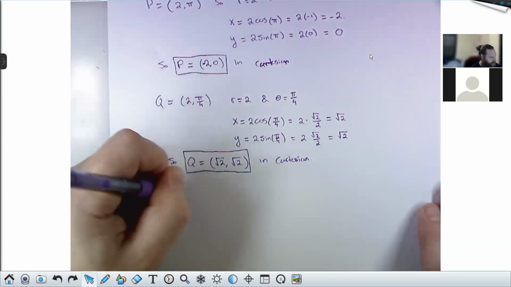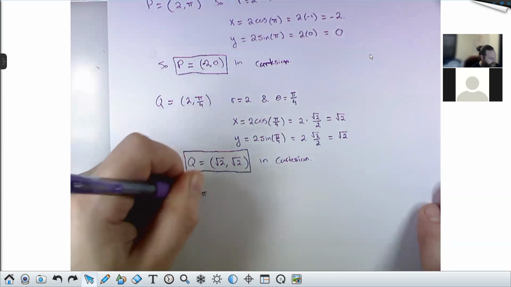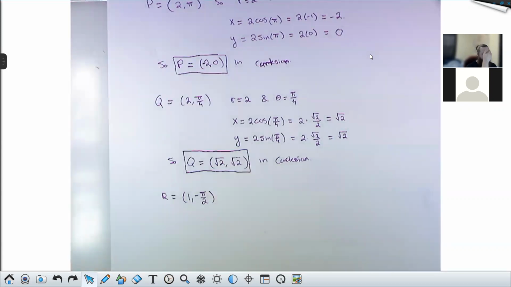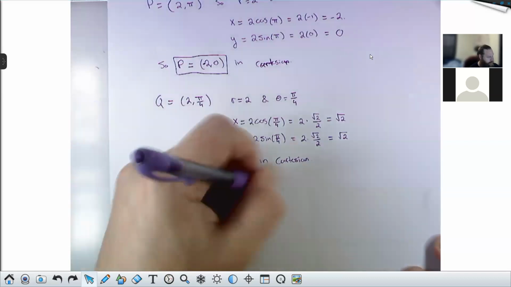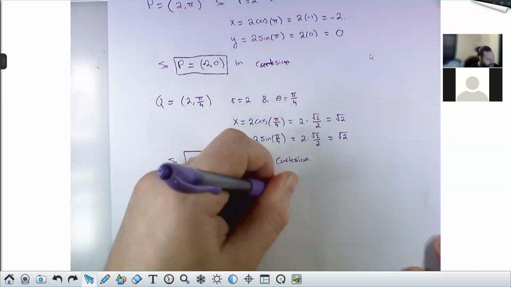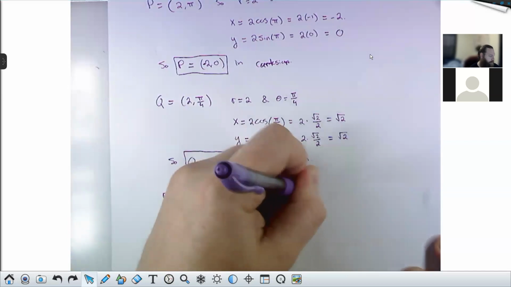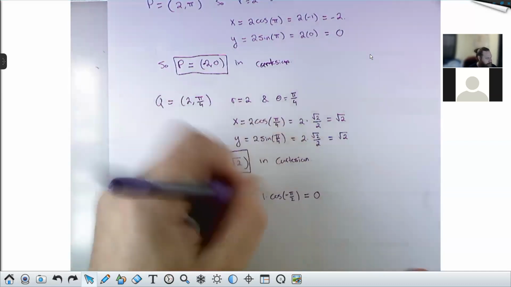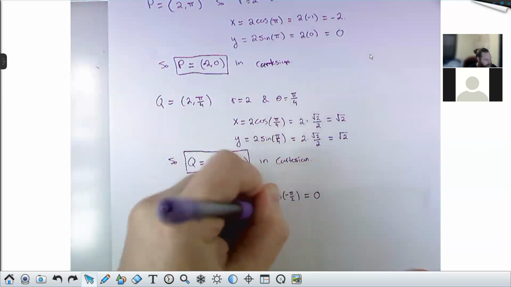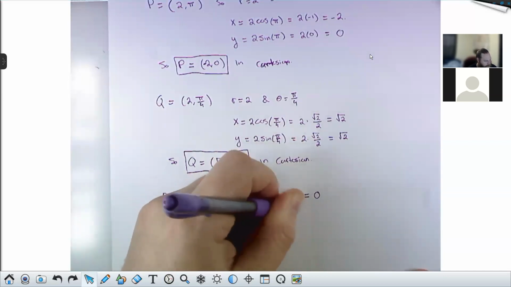r in polar coordinates was 1, negative pi over 2. Those were the polar coordinates. So x here should be 1 times the cosine of negative pi over 2. What is the cosine of negative pi over 2? Very good, that's 0. Y should be 1 times the sine of negative pi over 2.